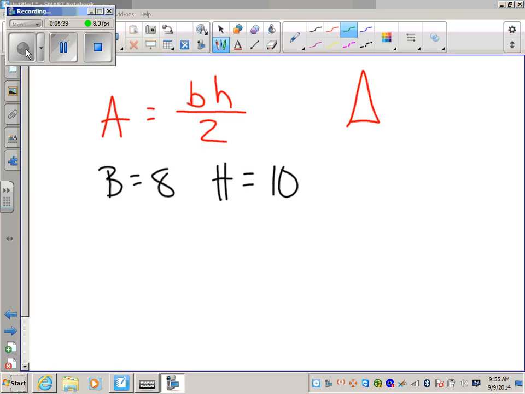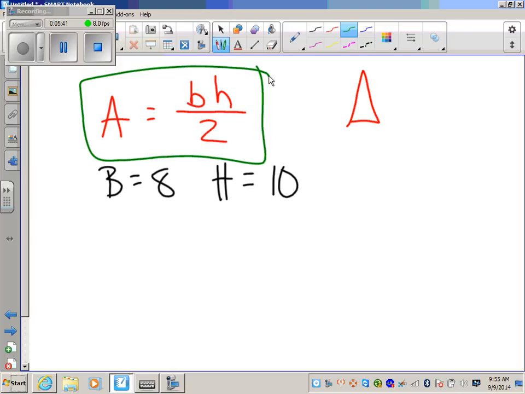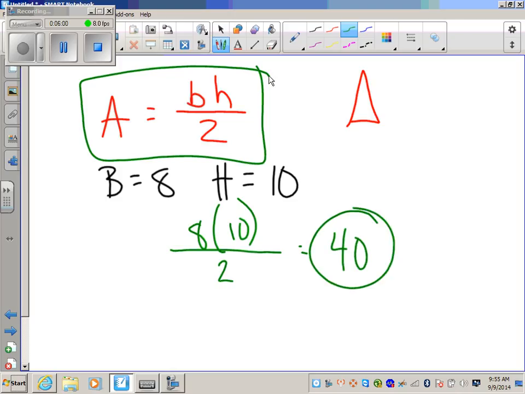Solve. Okay, I'm going to use this formula. B right next to H means what operation? Okay, so if I know that B is 8 and H is 10, and that all goes over 2. What's 8 times 10? 80. 80 divided by 2. Area is 40.